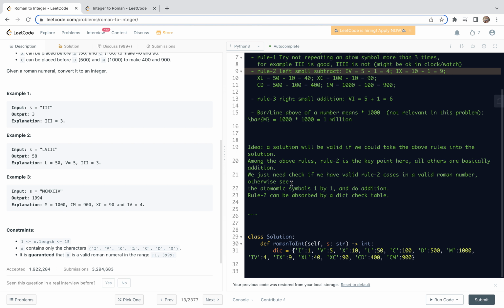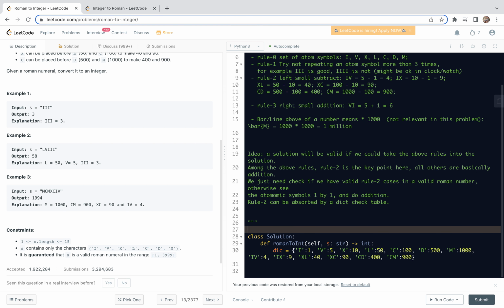Otherwise, we just see the atomic symbols one by one and do addition. Rule 2 can be absorbed by a dictionary check. With that said, let's write the code directly. The code itself speaks.